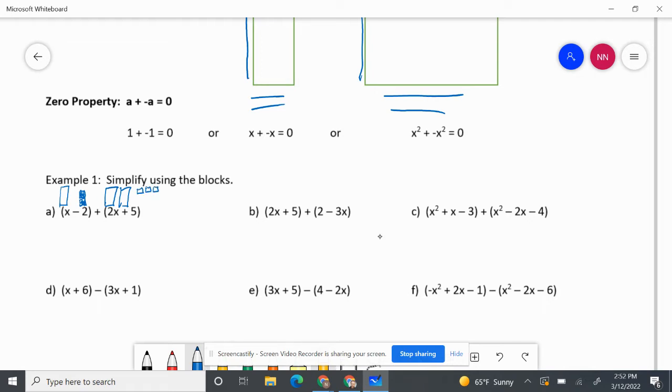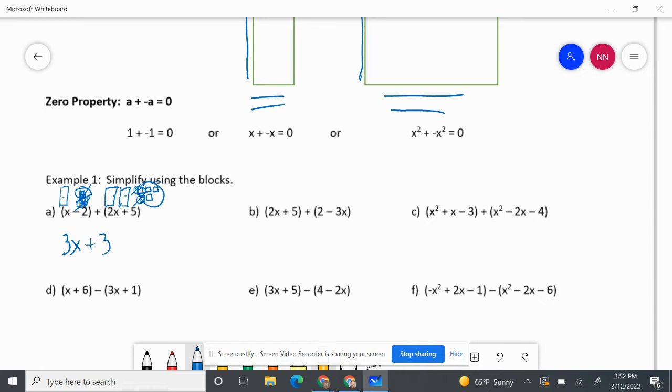And when I'm looking at this, the reason that zero property is so important is because a number and its opposite always add up to 0. So we can see that that adds up to 0. So we're left with 1, 2, 3. So we have 3 x's, and we have 3 positives because the other 2 were canceled. So that gives us 3x plus 3.